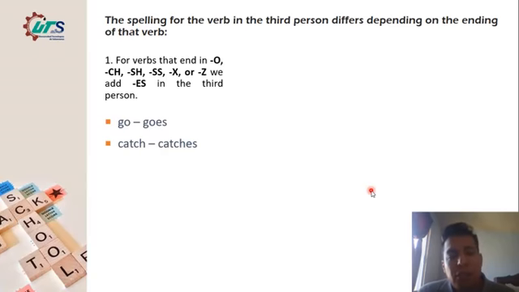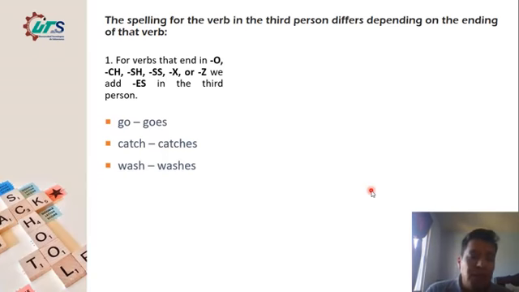Another verb: catch, catches. He catches, she catches, it catches. For the other persons, I catch, you catch, we catch. Watch, watches. He watches, she watches, it watches. Okay. Kiss, kisses.